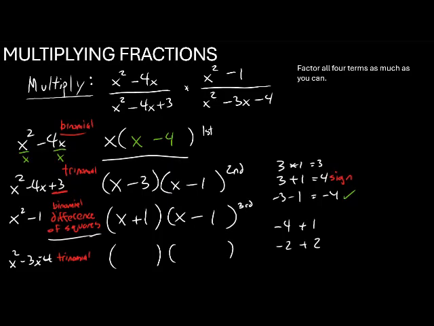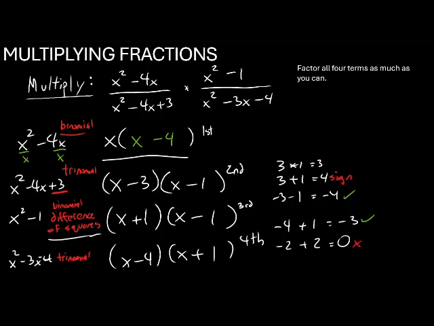If we tried negative 2 plus 2, that would give us 0. That is not a match for our middle term. So we'll take negative 4 plus 1, and that gives us negative 3. That's a match. So inside of those two parentheses, we'll have x minus 4, x plus 1. This will be our fourth piece.